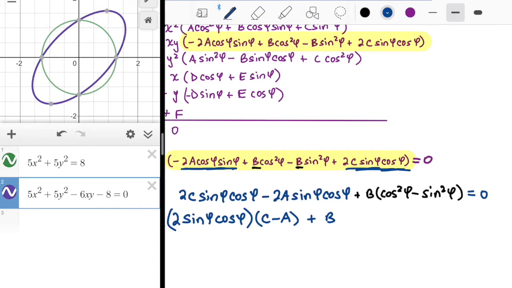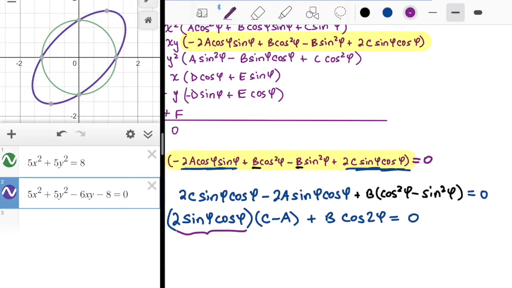Unfortunately, it's not a Pythagorean identity, which we were hoping for before, but it's something, and that something would be the double angle identity, or a version of the double angle identity for cosine. So cosine 2 phi equal to 0.